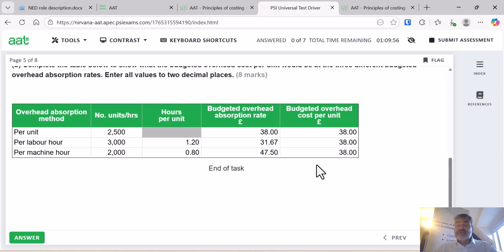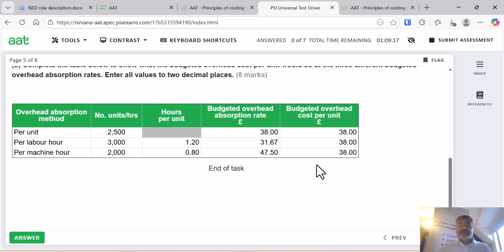But if our factory or our office were producing different products or different services, then that final charge per unit we could expect to be different if we were basing our absorption on the labour or machine hours, because it would depend for each type of product, for each type of service, how many hours of labour were needed or how many machine hours were needed.